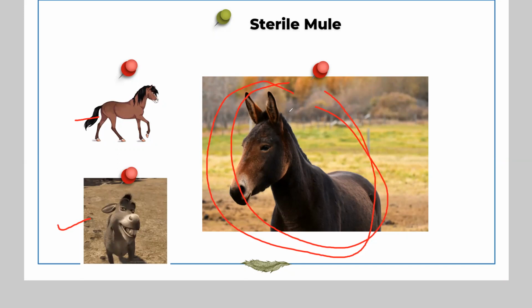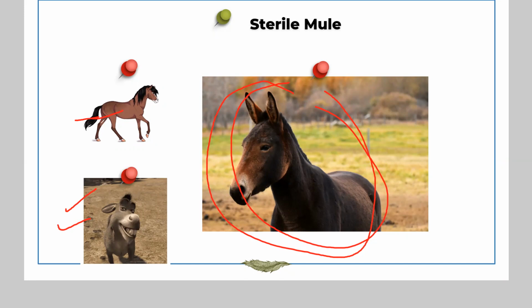Okay, so why are the individuals that result from the mating of a donkey and a horse sterile? Because they are of different kinds, different species. The donkey is one species and the horse is another species.